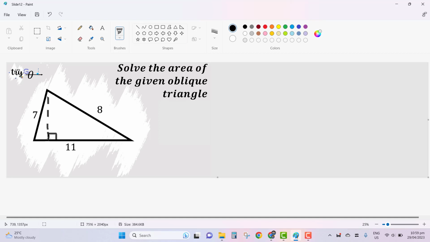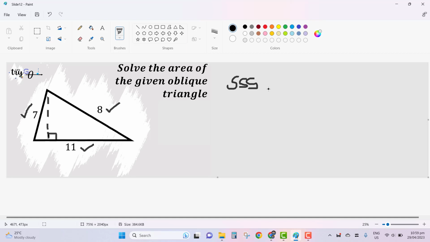One of which is useful here since all three sides are given. So we have a side which measures 7, side which measures 8, and side which measures 11. This is an example of an SSS oblique triangle, because all of the sides are given.